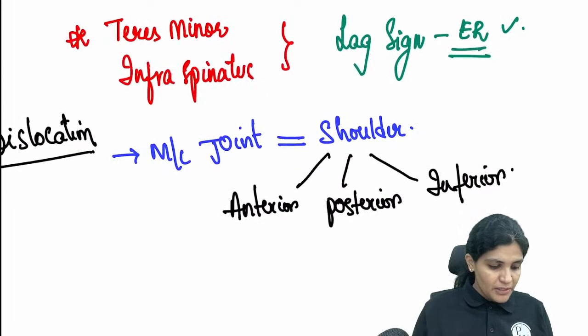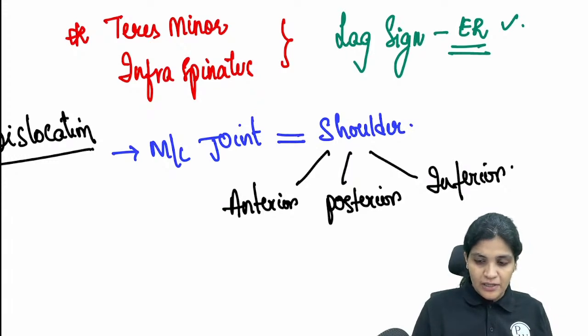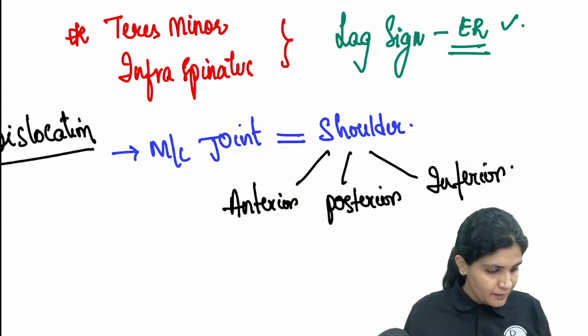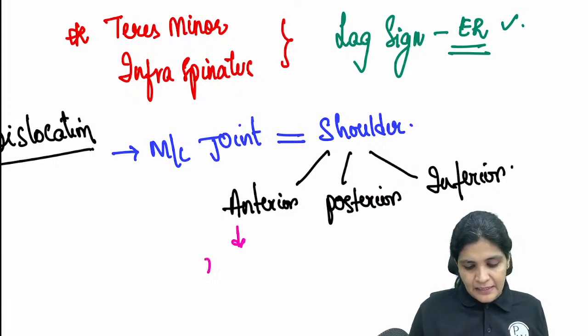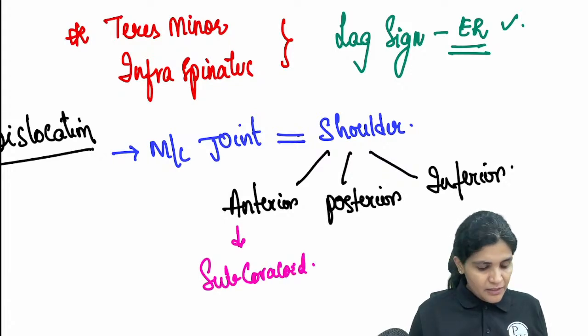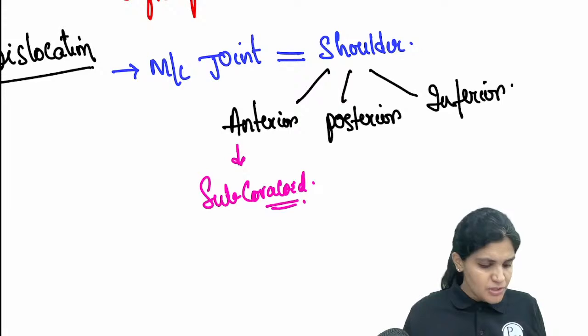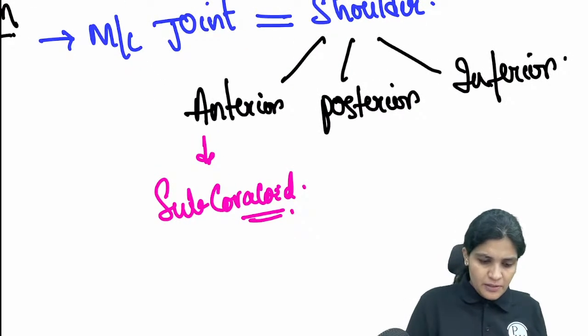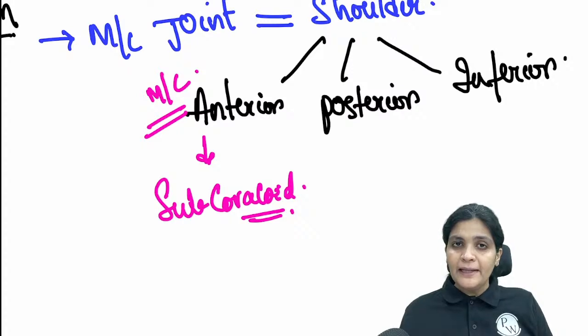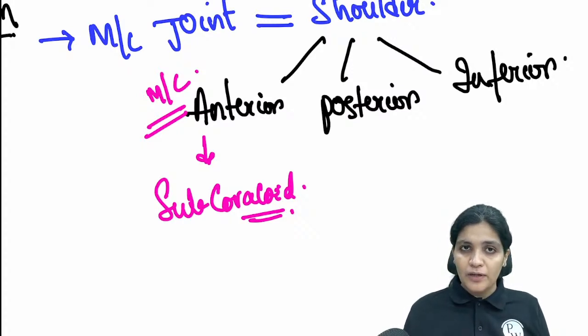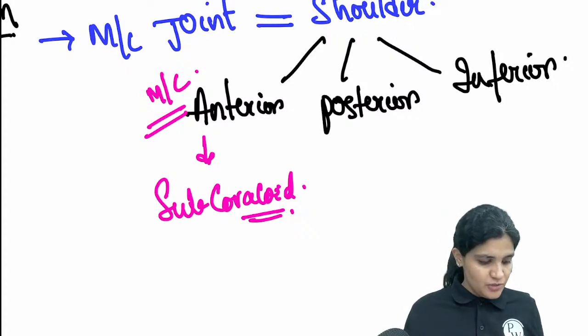Anterior is the most common. Posterior dislocation is common in the hip joint. In the shoulder joint, it is anterior dislocation which is most common.